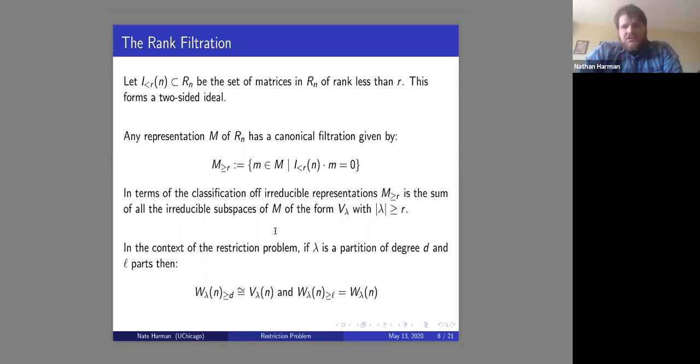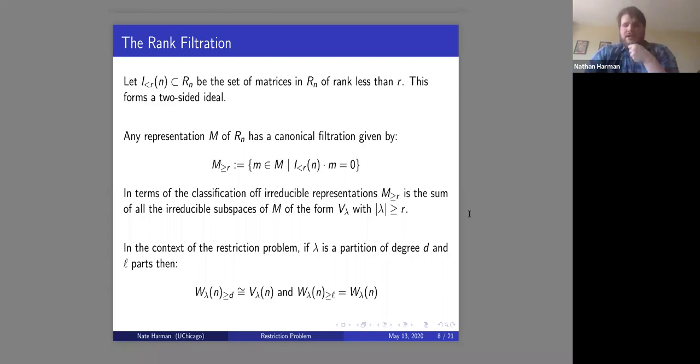That type of information is nice, but the lower order terms are more complicated. You can figure out what the lowest term is in this filtration, where it is everything. So we get some information out of it. I would love to understand the intermediate pieces, but it's ongoing.